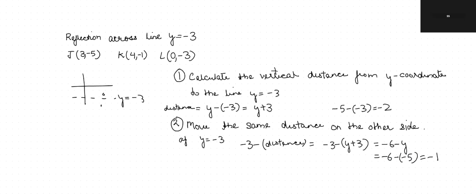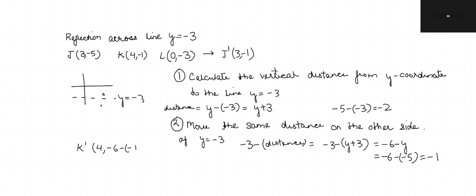So our coordinate J dash will be 3 comma -1. But we can generalize the formula also. For K dash, the x coordinate remains the same, and -6 minus y gives a new y value.